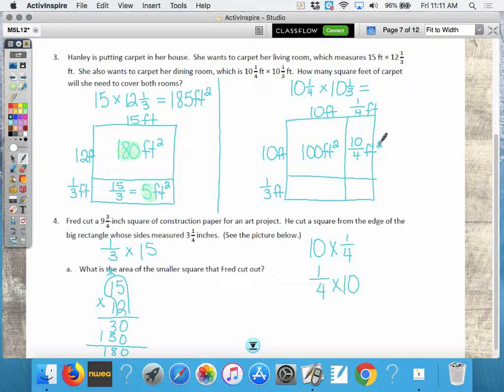And then I've got 1/3 times 10. 10 thirds. And then I've got 1/3 times 1/4. 1/12. Sometimes it helps kids to go ahead and write that down.